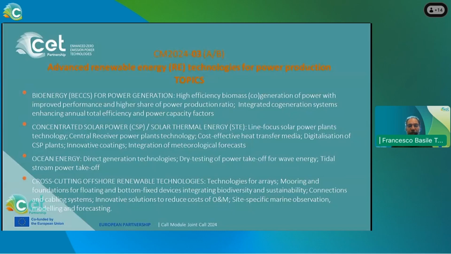Also in this case, it's possible to consider production of different energy vectors with significant contribution to power production targets.